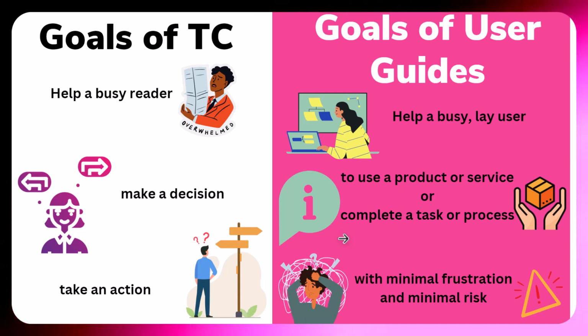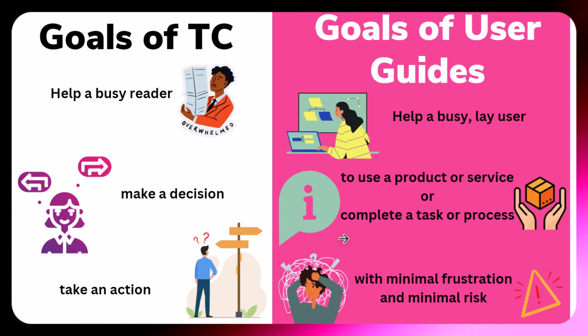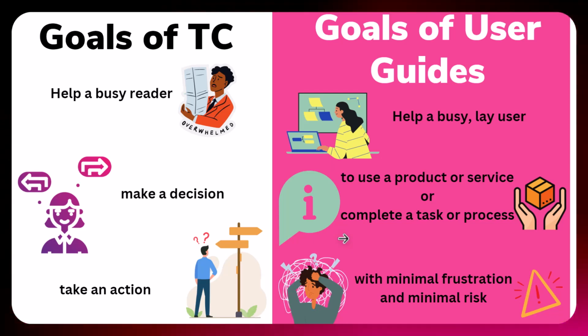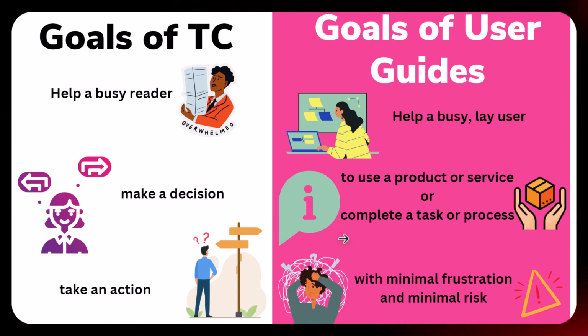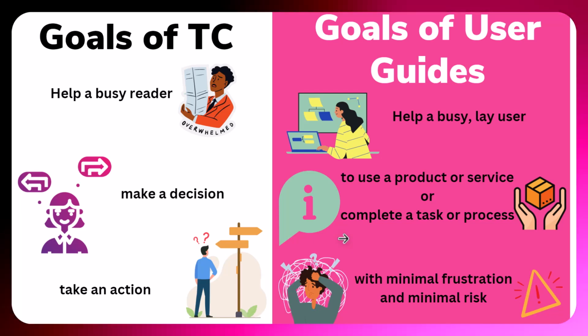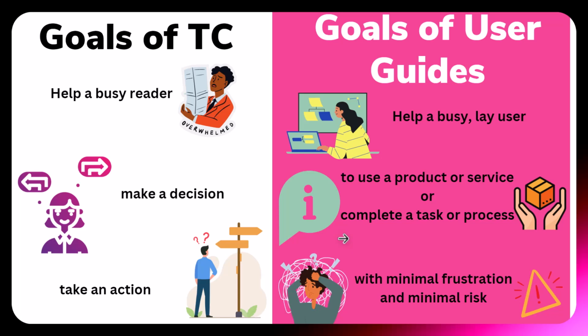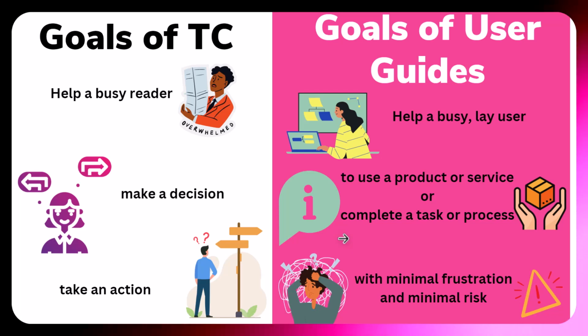They might have different levels of expertise or familiarity, but most of the time, right, when we're using a user guide, it's because we don't really know how to do the thing. So this is someone that doesn't have a lot of expertise or a lot of familiarity, and they need to complete something very specific, and they're very goal oriented.